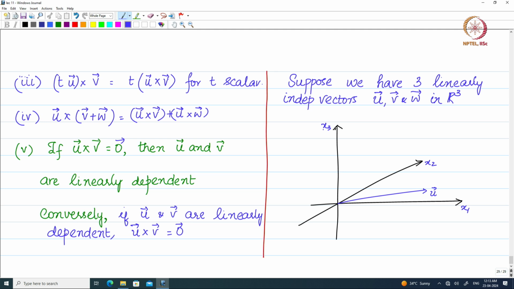I have this vector u, another vector v, and a third vector w. Now, u, v and w are in 3 different directions. They are linearly independent. So, if we have 3 linearly independent vectors, what is the geometry that is going to be formed? We are going to see that it is a parallelepiped.